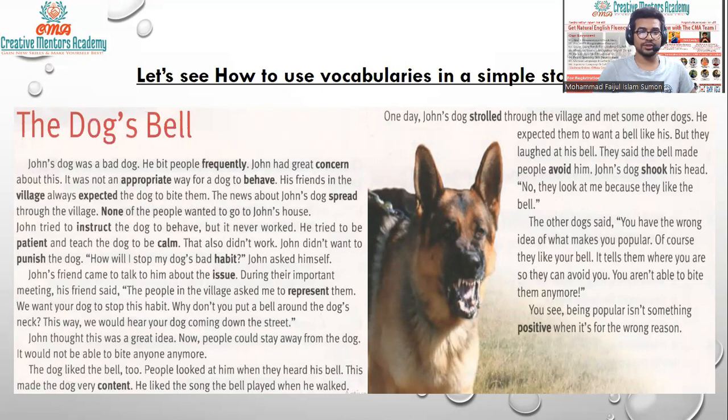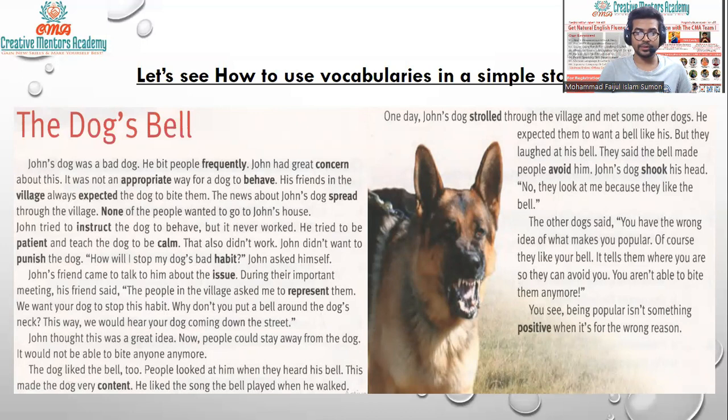John's dog was a bad dog. He bit people frequently. John had great concern about this. It was not an appropriate way for a dog to behave. His friends in the village always expected the dog to bite them. The news about John's dog spread through the village.